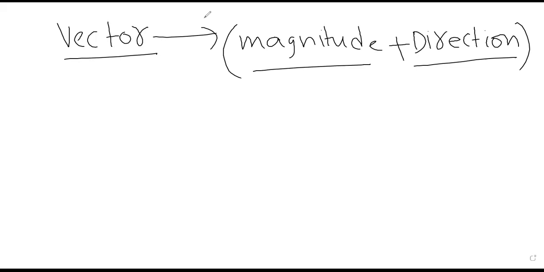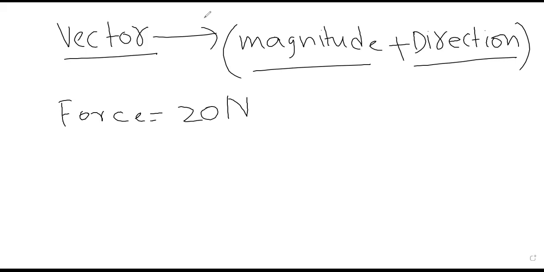Okay, so now how could we represent that some of the quantities are scalars and some of the quantities are vectors? Like when we are applying a force of 20 Newton, Newton is the SI unit of force. We are applying a force of 20 Newton on an object.